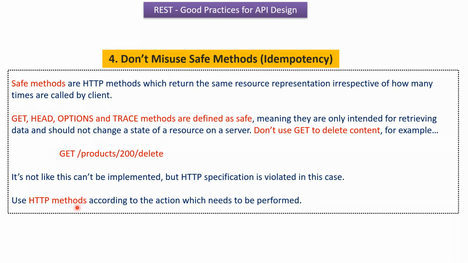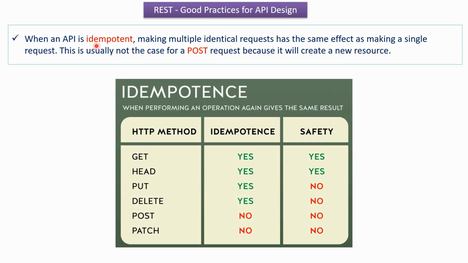When an API is idempotent, making multiple identical requests has the same effect as making a single request. This is usually not the case for a POST request, because a POST request will create a new resource. Idempotence: when performing an operation again gives the same result.